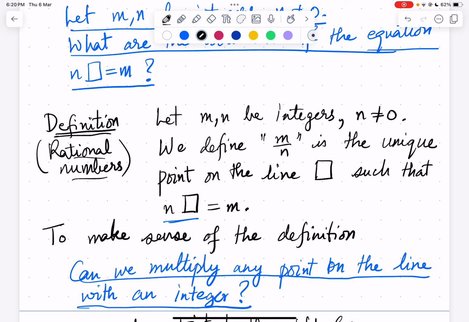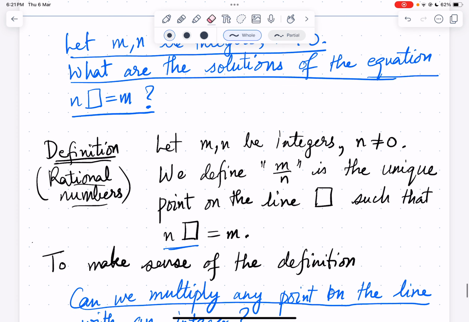We define m by n to be the unique point on the line such that n times box is m.